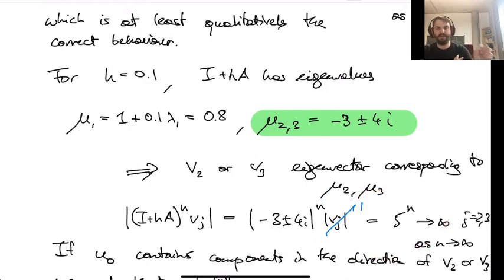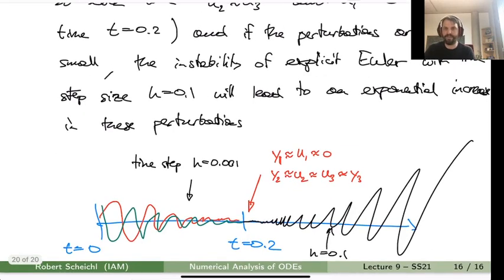So even if the error at that point is 10 to the minus 4, after a certain number of time steps, you've multiplied that error by 5 to the n.